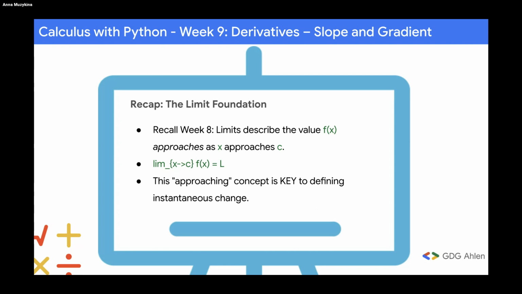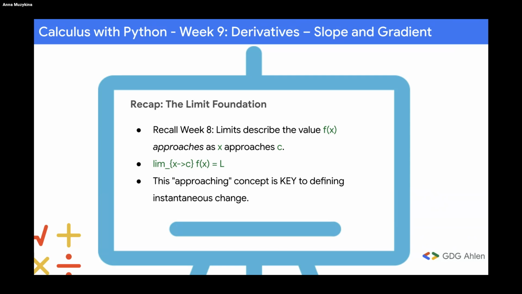And just a quick reminder from last week. We learned about limits. The limit of f of x as x approaches c equals L. All this tells us is the value L that the function output f of x gets arbitrarily close to as the input x gets arbitrarily close to c.